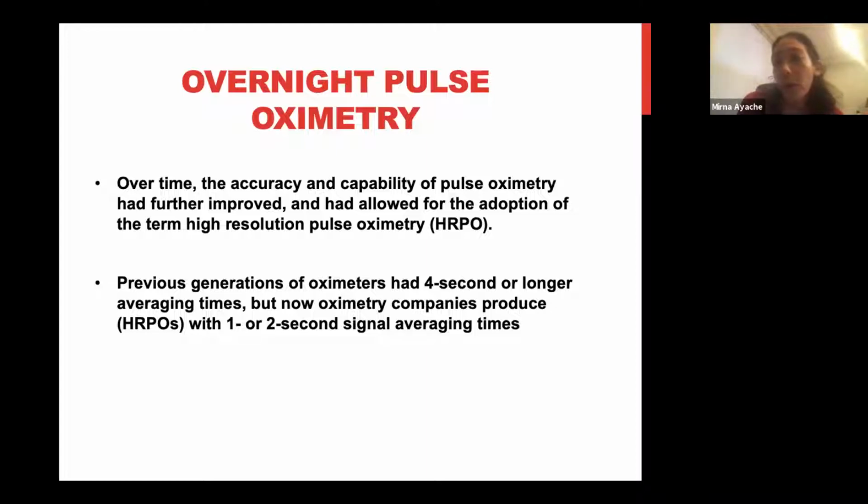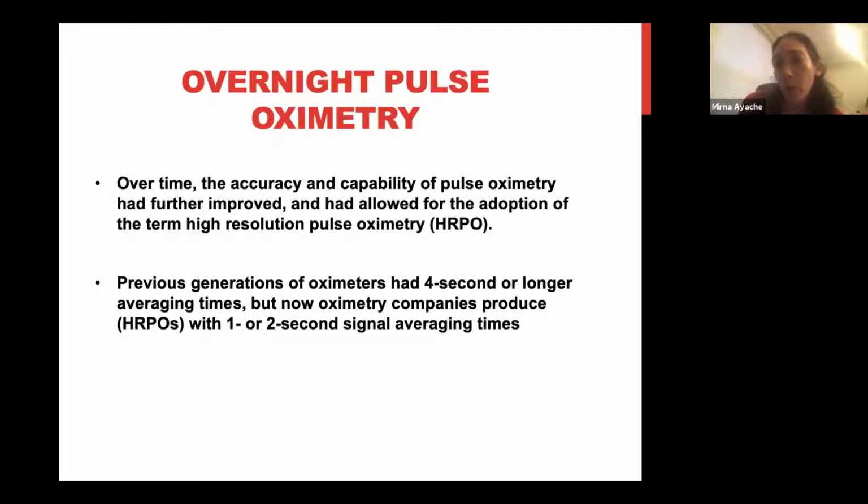When we do an overnight pulse oximetry as a sleep study, we should be using a high resolution pulse oximetry, and it will average the saturation over a 1 or 2-second signal. And that will allow for better detection of oxygen saturation.